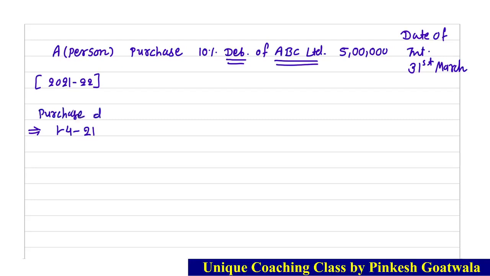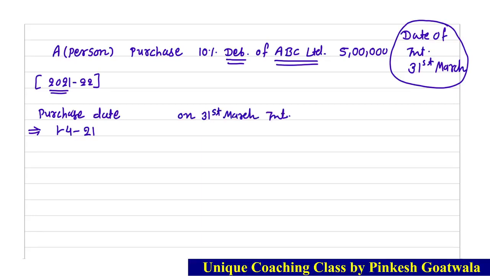If this debenture is purchased on 1st April 21, means the first day of the year, right? So how much interest should he get? So when he gets the interest on 31st March, interest ક્યારે મળશે? On 31st March he will get the interest.